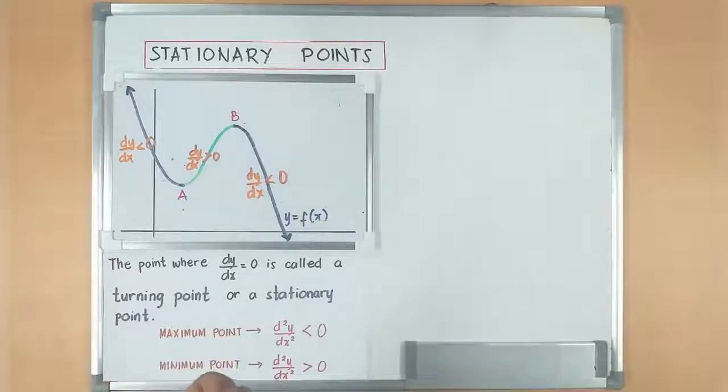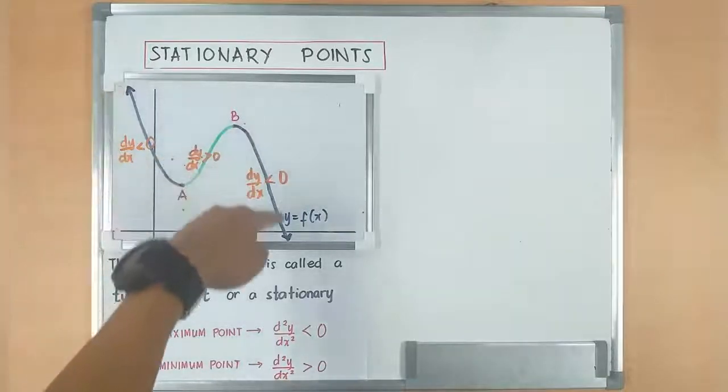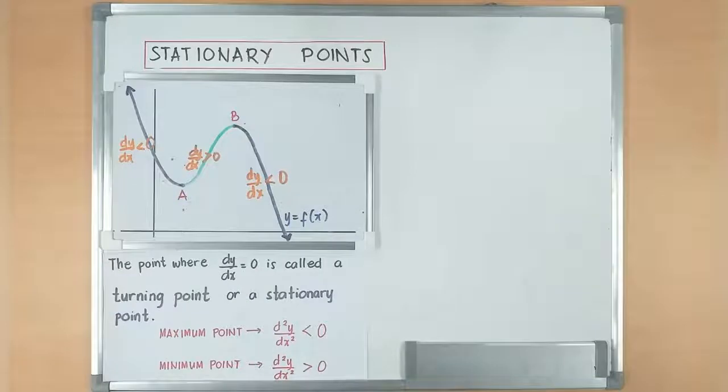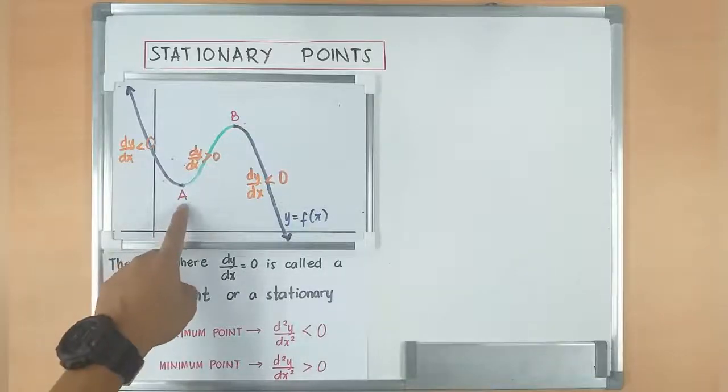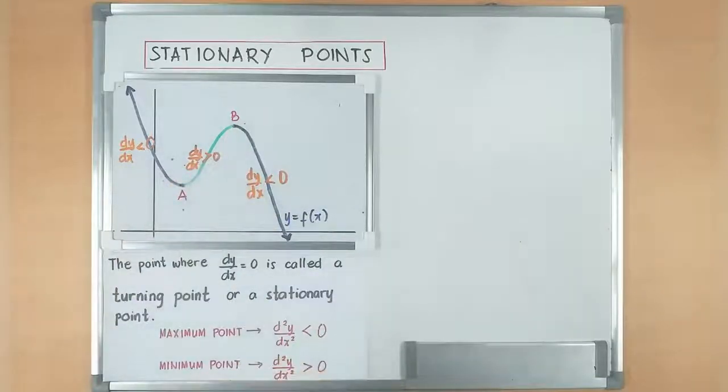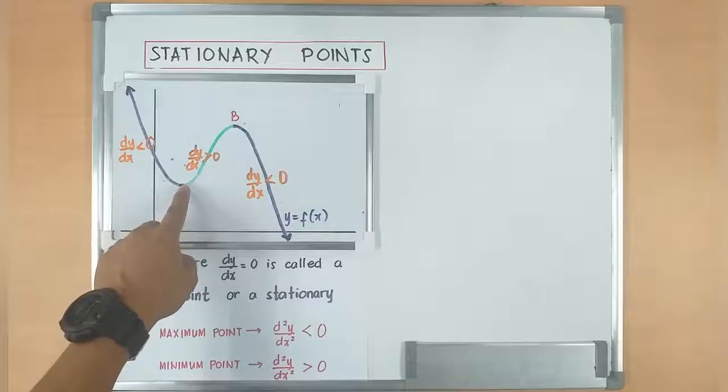A stationary point is also called the turning point of a graph. So for example, I have a graph over here. Points A and B are what you call stationary points, or turning points, because it is at those points where the curve turns.